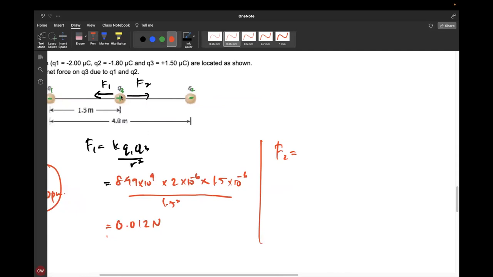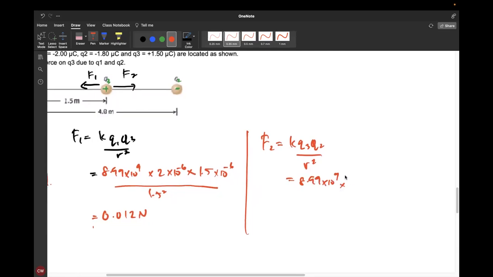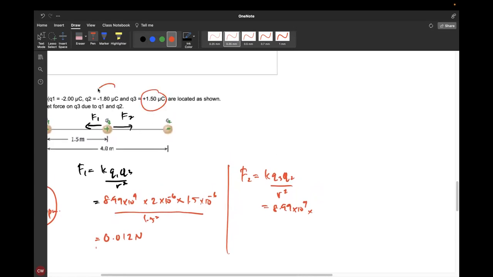So the second force is due to Q3 and Q2. Okay, so you have to put in the same values. The charge, you have to consider these two.